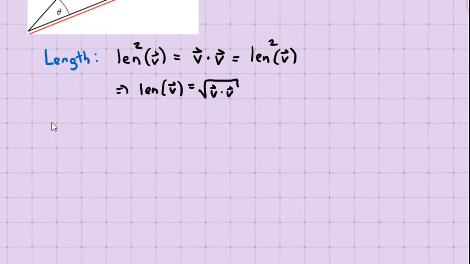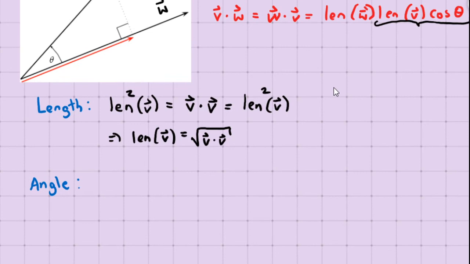The other quantity that we can find is the angle, theta. So we know that cosine theta is the same thing as v dotted with w divided by the length of v times the length of w.